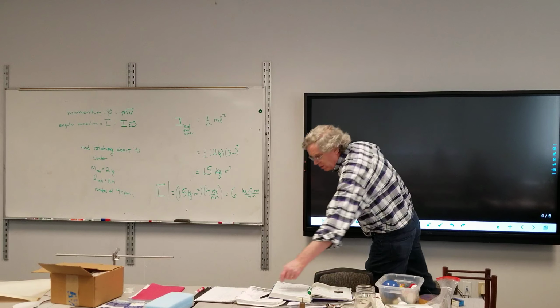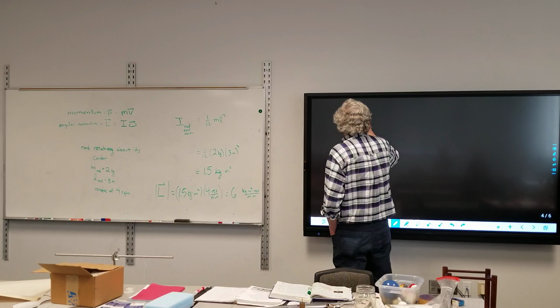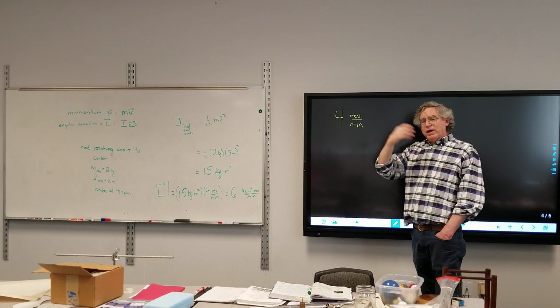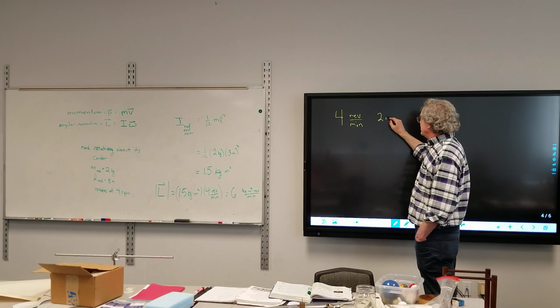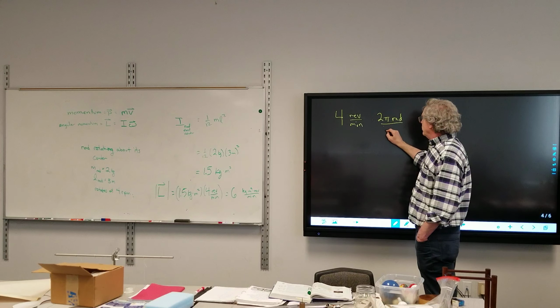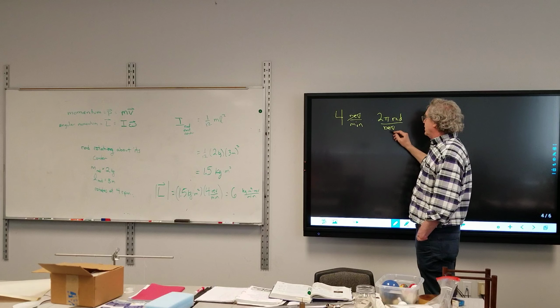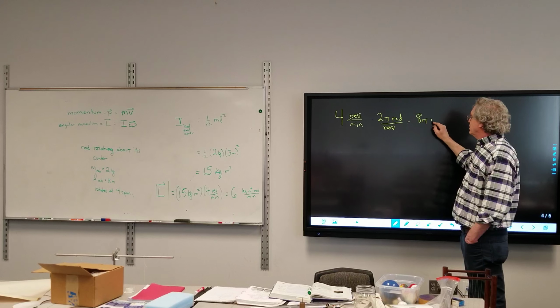So I take my 4 revolutions per minute. And a revolution, that's once around, is 2 pi radians. So multiply by 2 pi radians per revolution. Revolutions would cancel out, and what I'm left with is 8 pi radians per minute.